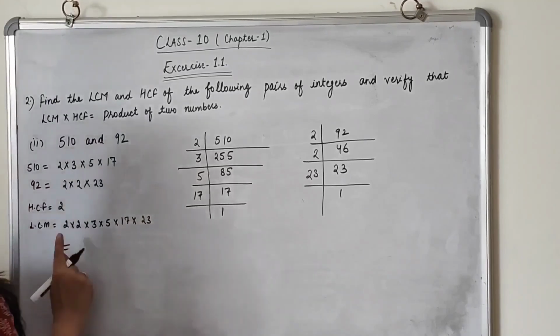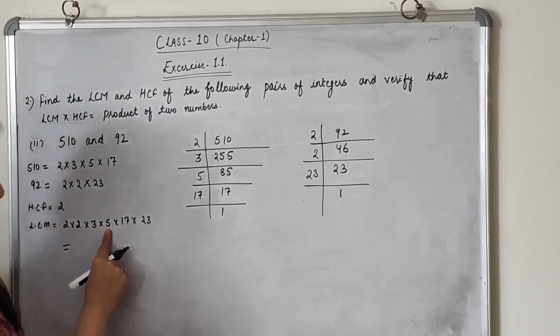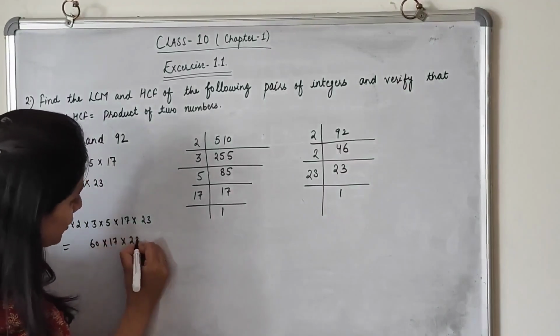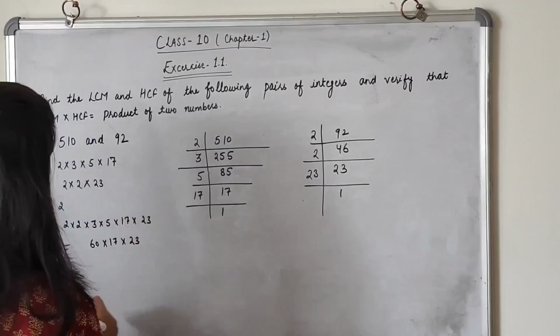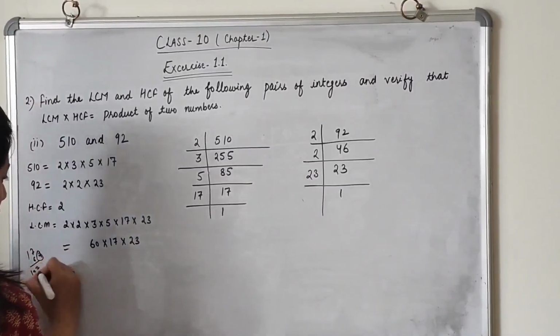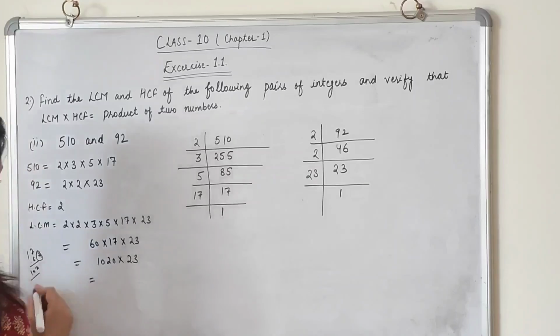Fine. What is the number? 2 2s are 4, 4 3s are 12, 12 5s are 60. 60 into 17 into 23, which is 1020 into 23.